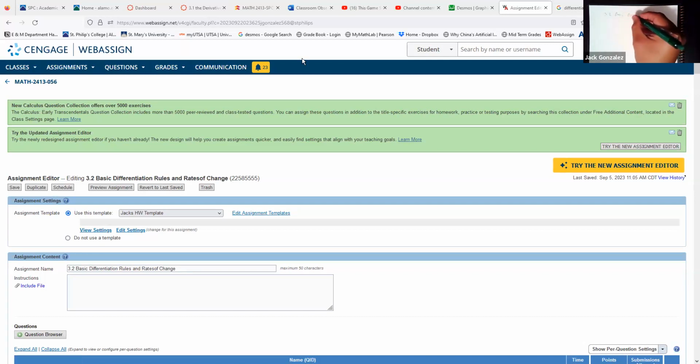Basic differentiation rules and rates of change.